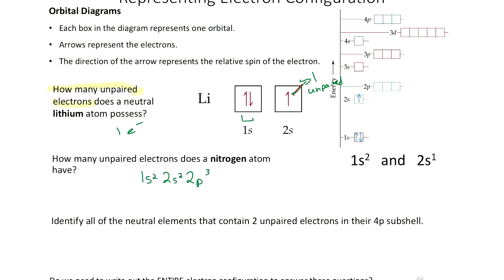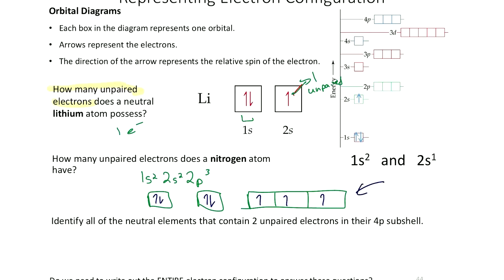So if we drew these pictures out, there's 1s, 2s, 2p. We have electrons in our 1s, electrons in our 2s. Then we fill up our electrons in 2p, but we go 1, 2, 3 to follow Hund's rule. And so how many unpaired electrons does a nitrogen atom have? 3, yes, 3 electrons. Okay, perfect.